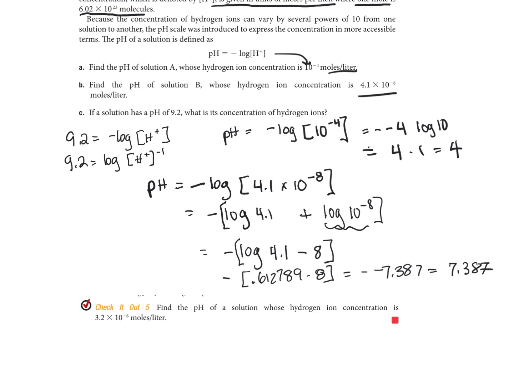And this is log base 10, so this says 10 to the 9.2 is equal to 1 over H+, which means H+ is equal to 1 over 10 to the 9.2. 10 raised to the 9.2 power is this.